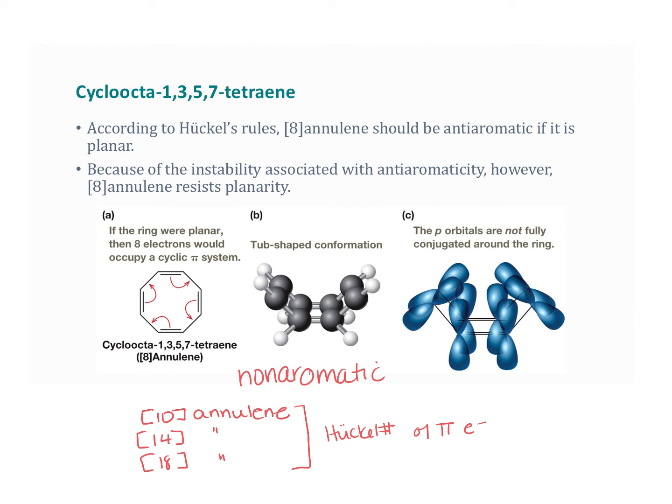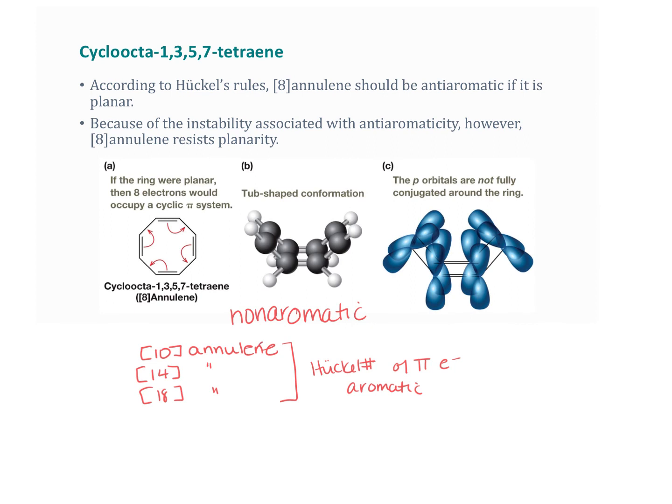And so those rings can be made planar, and they're all aromatic, right? But what we find is that for whatever reason, the [10]annulene is still unstable, whereas [14] and [18] are stable. So it also kind of bends out of plane, which is just interesting.